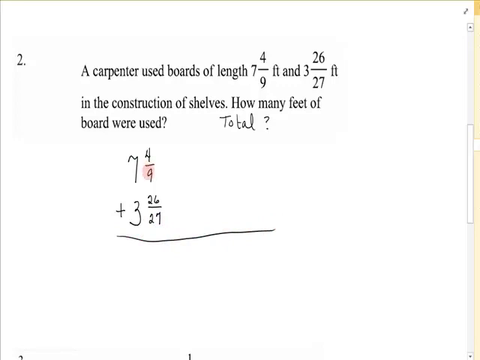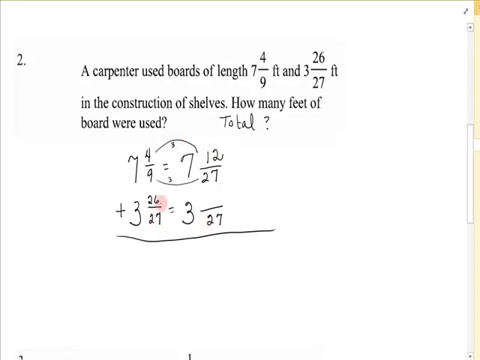This time, when I look at those denominators, the larger denominator of 27 is a multiple of 9, so it is my common denominator. So I'm going to have 7 and some 27ths, and I have 3 and some 27ths. 9 goes into 27 3 times, and 3 times 4 is 12.